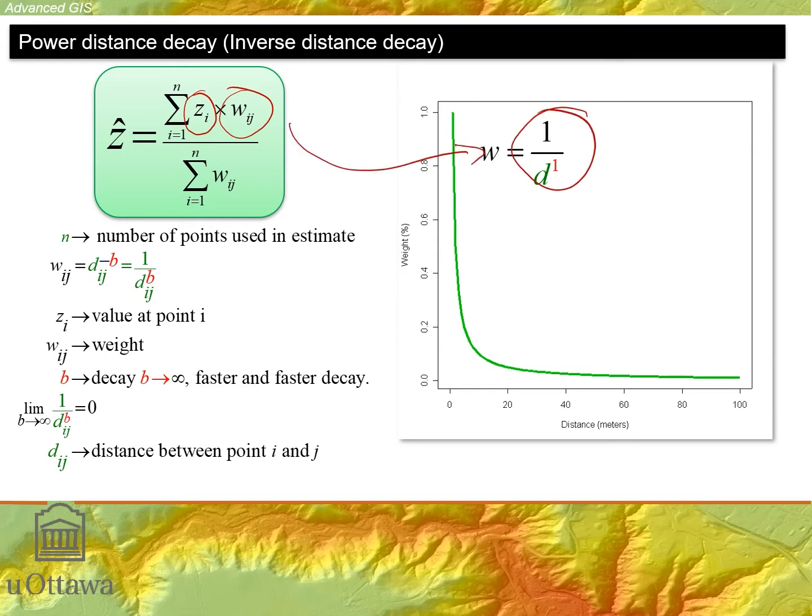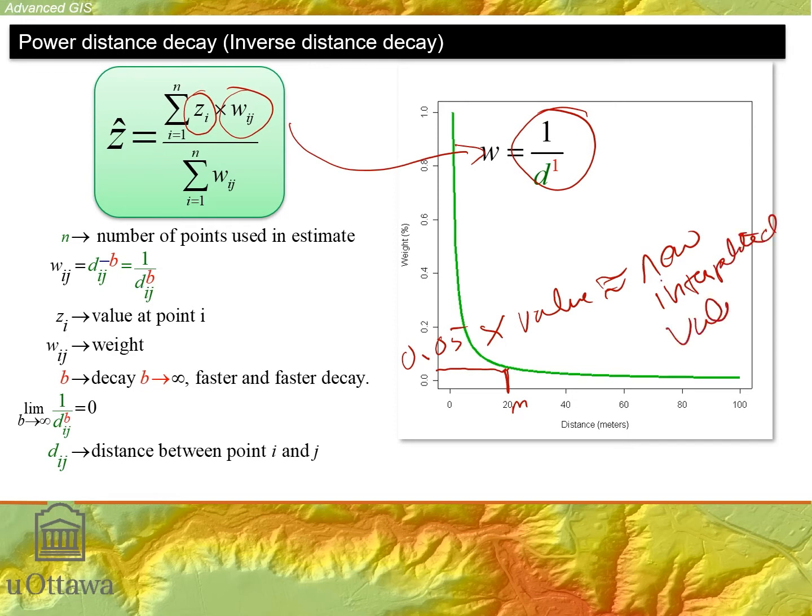So for example, if I had a known value that was 20 meters away from the location I want to estimate or interpolate at, then its weight would be about that. It would have this much of an influence, that's about 0.05. So it would have approximately 0.05 times the value of the known sample contributing to the new interpolated value. Like so.